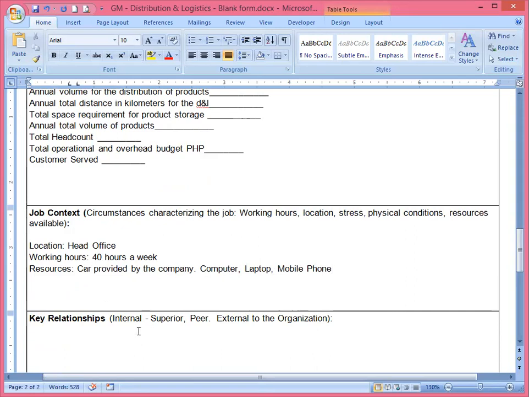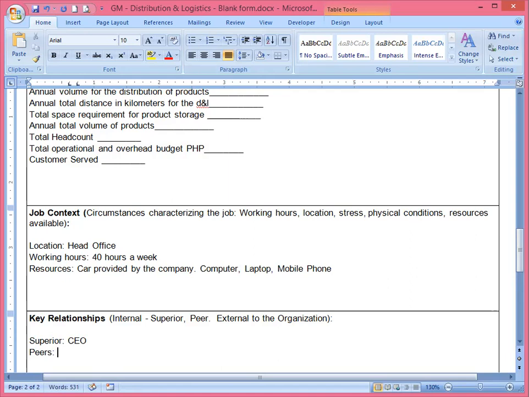Just think about anything else you can add here. Then, in terms of key relationships, internal: superior. Although we have already specified it above in reporting, you can also write it again here. Superior is the CEO. Peers or colleagues, right?